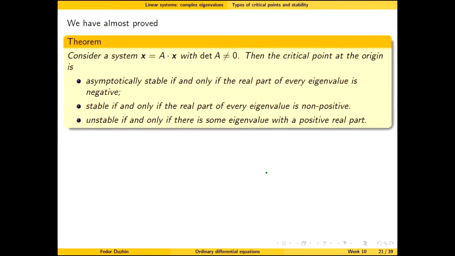Now notice that I use the word almost. The reason why this is almost is because we actually only proved it for diagonalizable matrices.